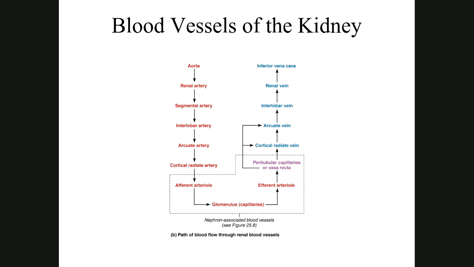And then it will go out from the efferent arteriole to the peritubular capillary, or what we call vasa recta, and then it will empty to the cortical radiate vein, and from the cortical radiate vein it will empty to arcuate vein, interlobal vein, then the renal vein, then to the inferior vena cava.